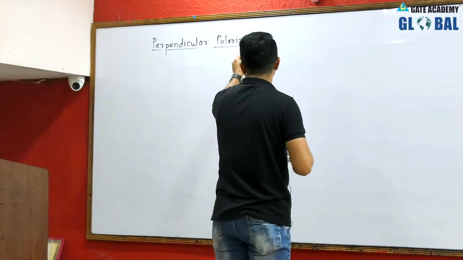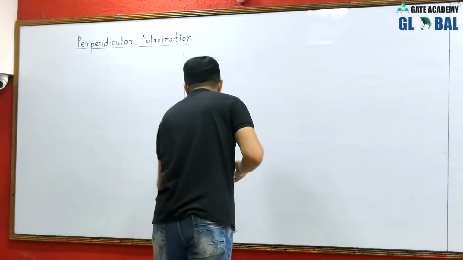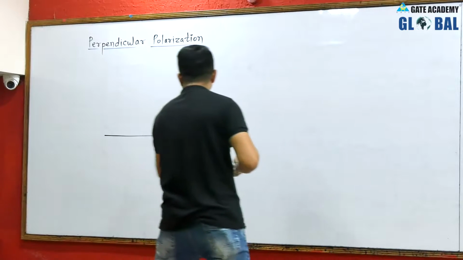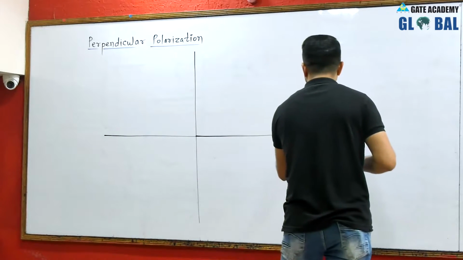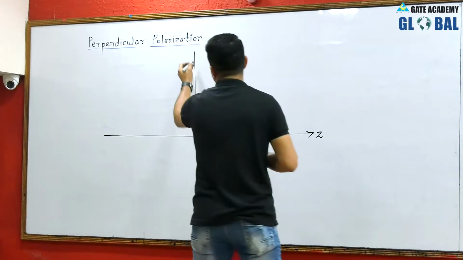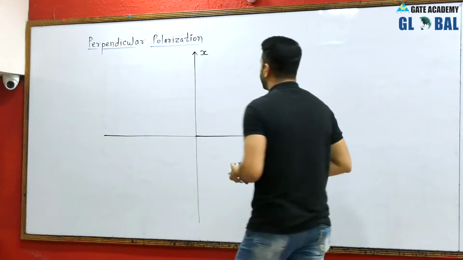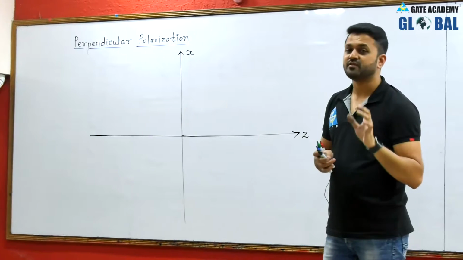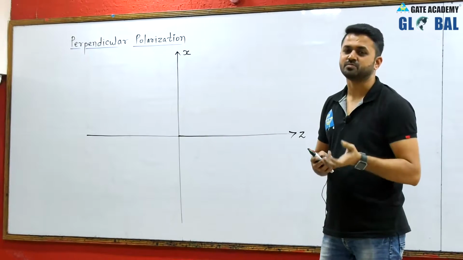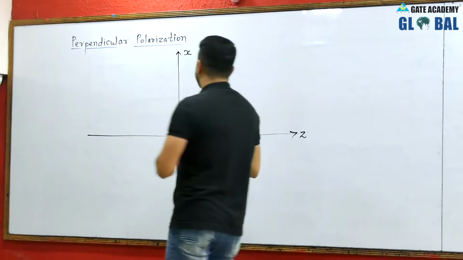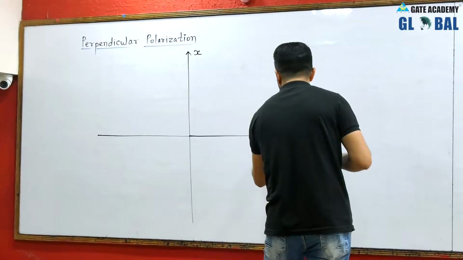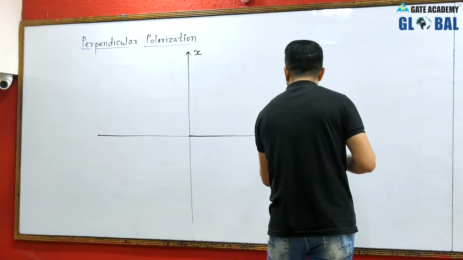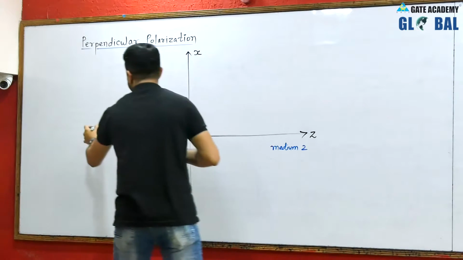So let us consider the same figure. The only difference is the boundary and electric field. The only difference we have to make is that the electric field should be perpendicular to the plane of incidence. So this is medium 2 and this is medium 1.